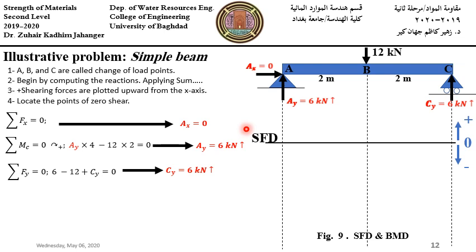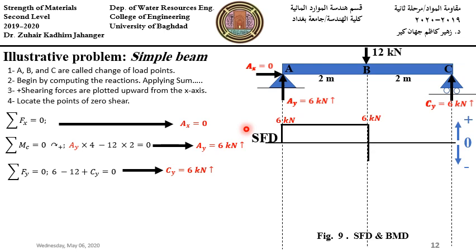We start from point A. The upward reaction of 6 kilonewton at A causes the shear ordinate at A to increase to 6 kilonewton. Between A and B, the intensity of the load is 0, and the corresponding slope of the shear diagram is 0, a horizontal line.